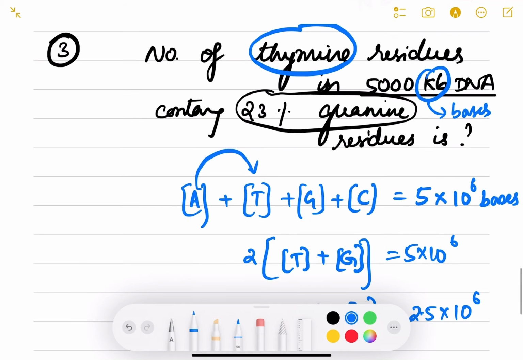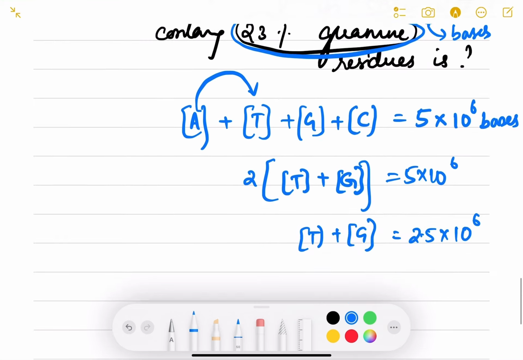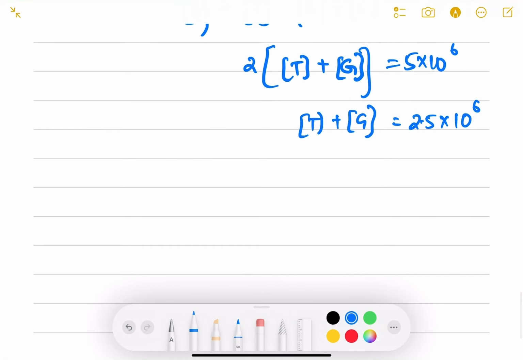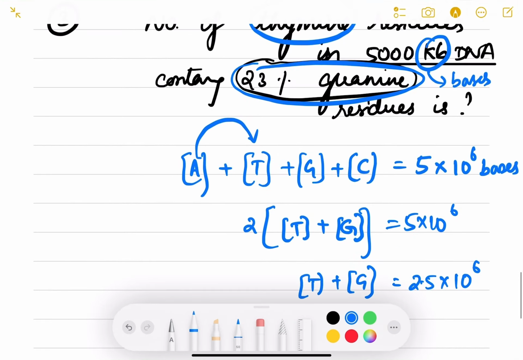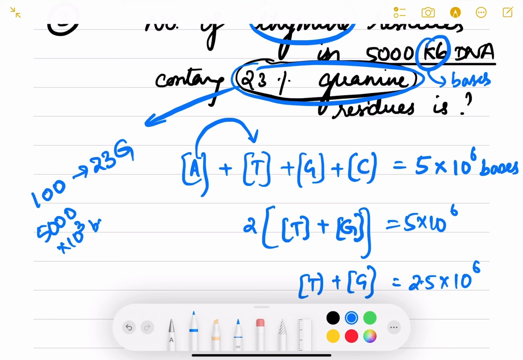Because they have given 23% guanine, how do you convert this percentage? In 100 bases you'll have 23 bases as guanine. Now how many bases would be guanine in 5000 kilobases, that is 5000 into 10 power 3 total bases?